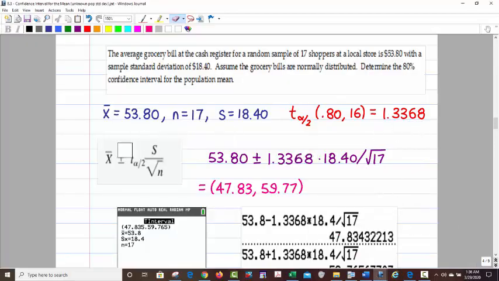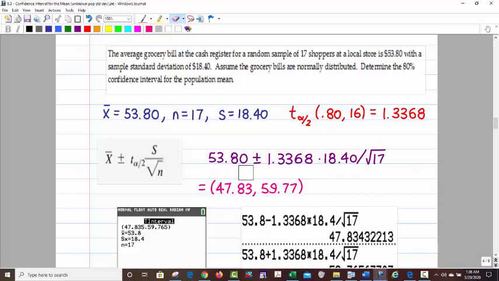So there we go. Now you can just plug it right into the formula. So this is kind of like if you're just using a regular calculator. But as I mentioned before, even if you're using the TI, know how to look up that critical value on the chart, because that's going to be its own question also on a test. If you're using the T-interval process, you don't need to do this part.